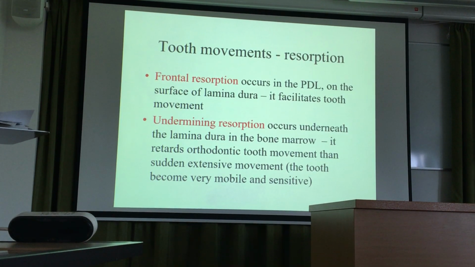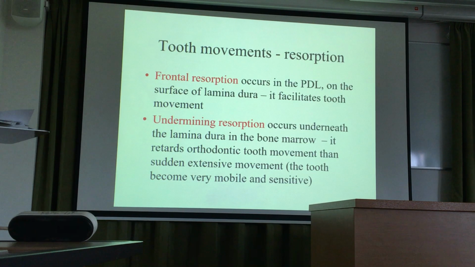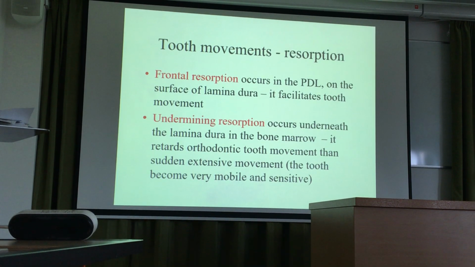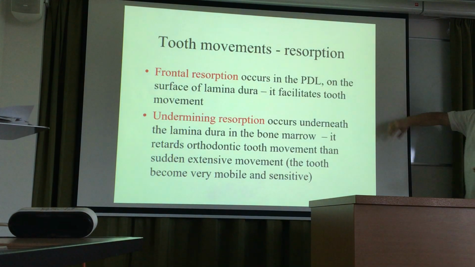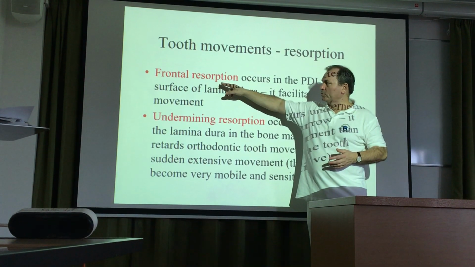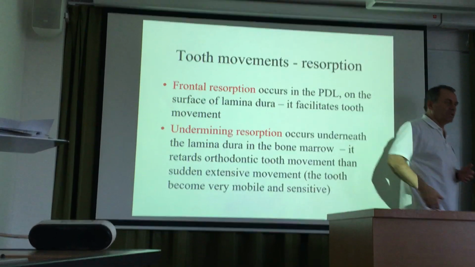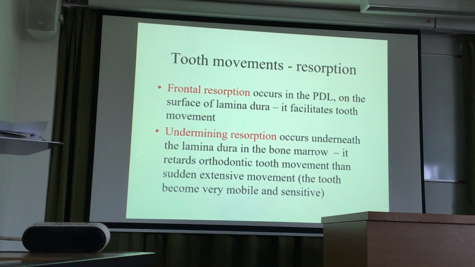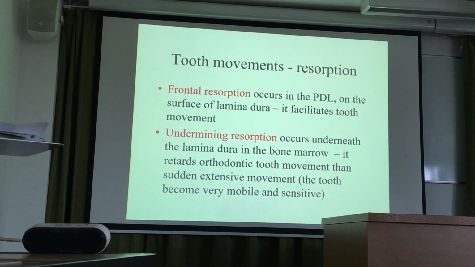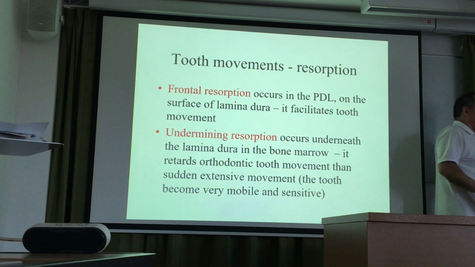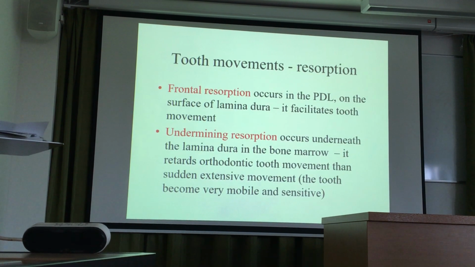Of course, we have two sides of the lamina dura, two areas. The side facing the tooth, the cementum, the root, is the frontal side of the lamina dura, where the frontal bone resorption is occurring. And we have the other side of the lamina dura, where the so-called undermining resorption may occur.